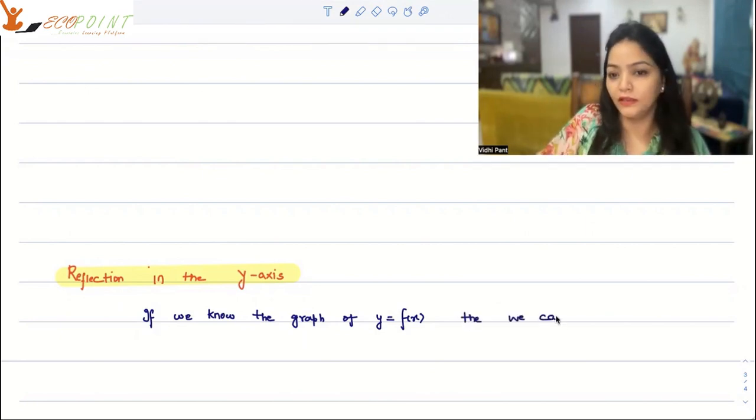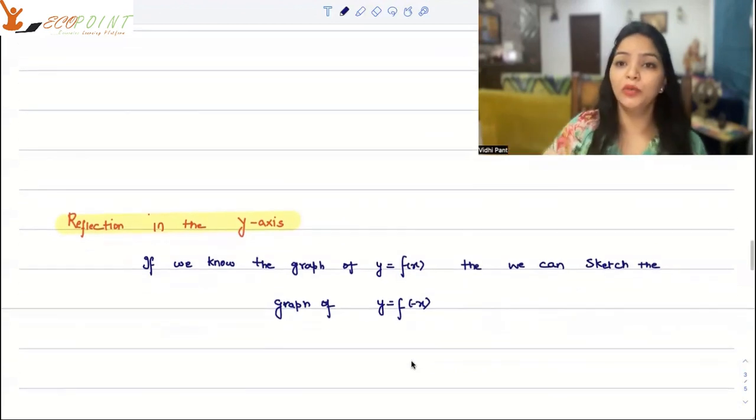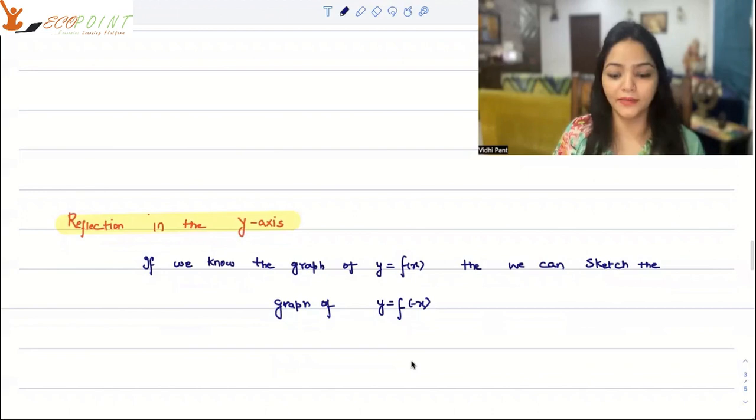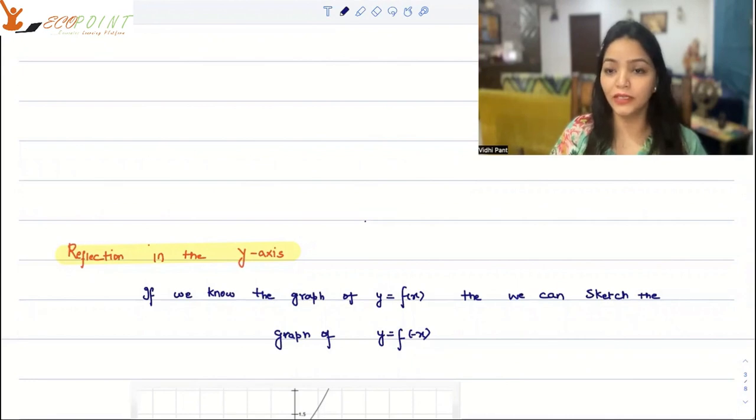Then we can sketch the graph of y equals to f of minus x. And when you would be doing that, you will get reflection in the y-axis. Let's take up an example to understand this situation as well.